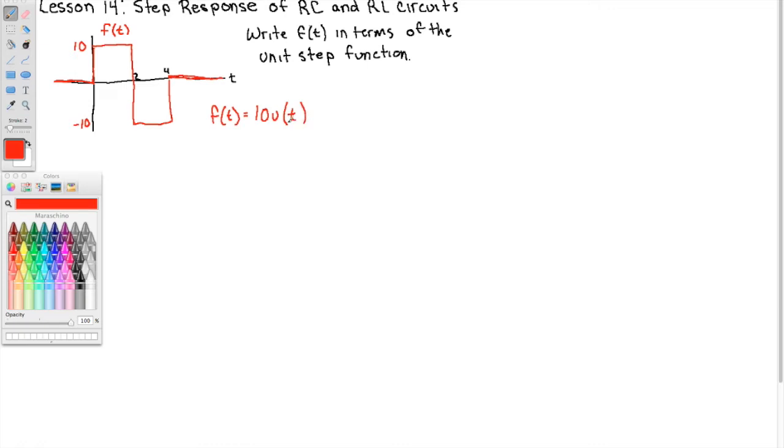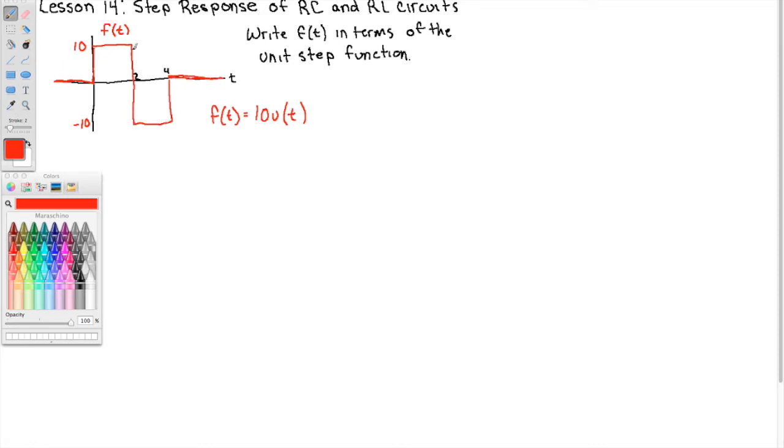So we've got that. If just that piece, it would be 0, 0, 0, then jump to 10, and it would be 10 forever. But at 2, I have to go back down to negative 10.